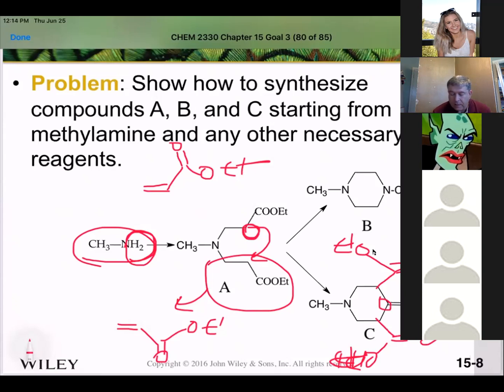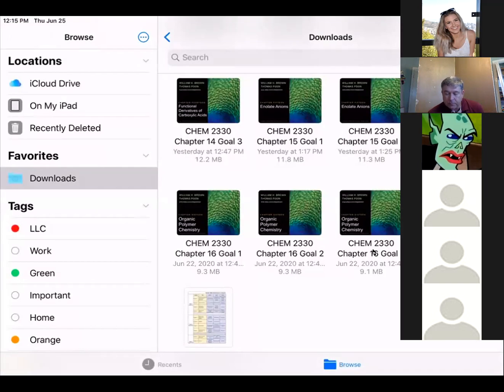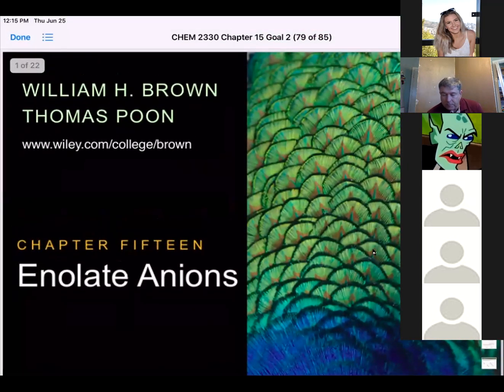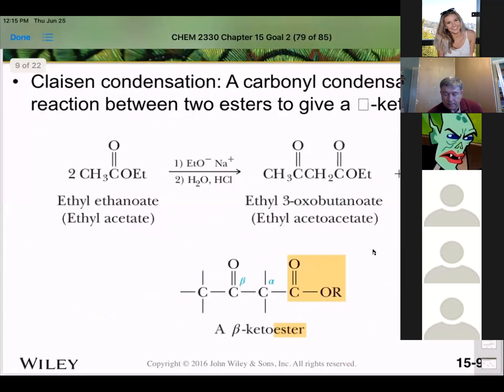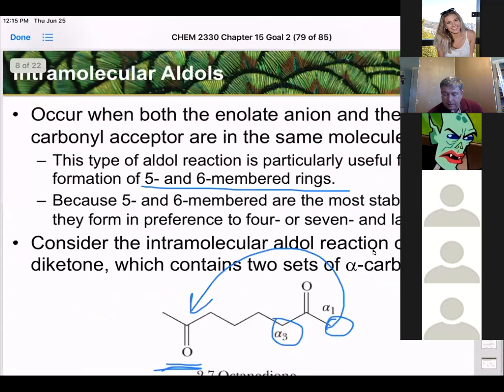Okay, so let's go ahead, and I want to draw a couple more intramolecular ones so we can see where they go, and so that we can get that down in our heads really well. I'm going to go back to my slides here.